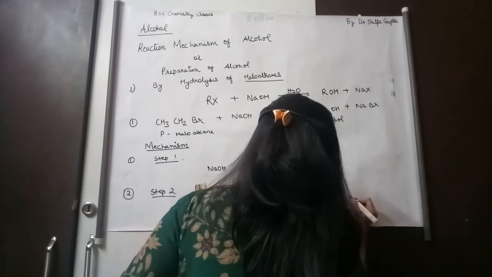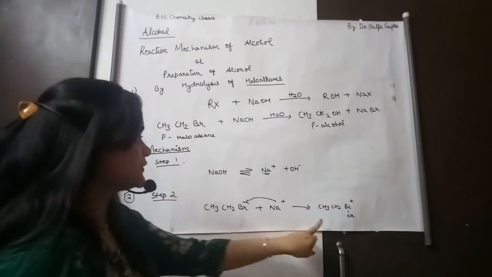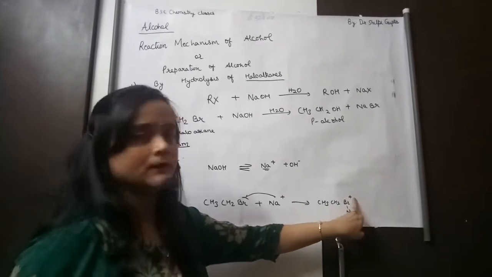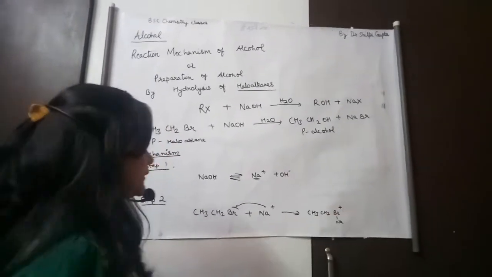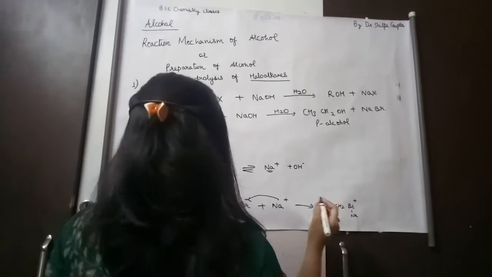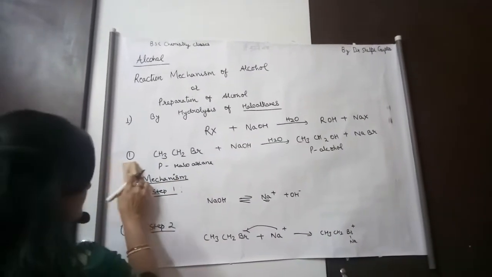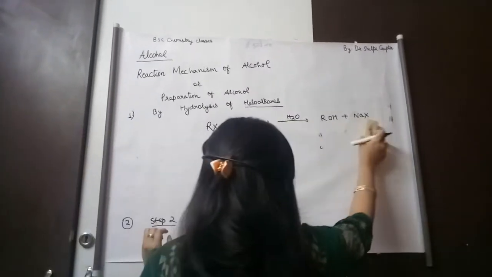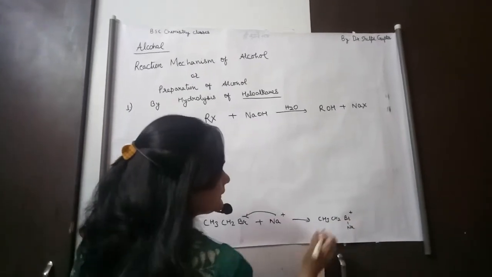Na. Since it has shared a lone pair of electrons with sodium, now it will become electron deficient. Now what will happen in the next step? This is an intermediate compound.